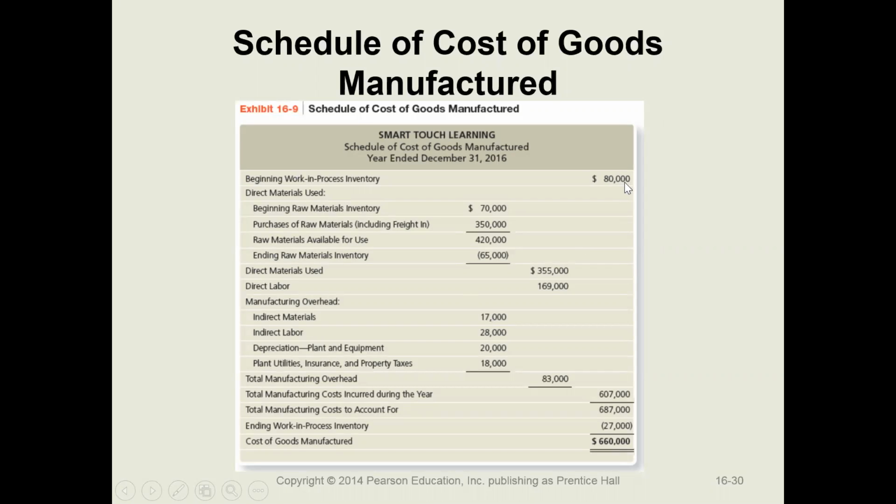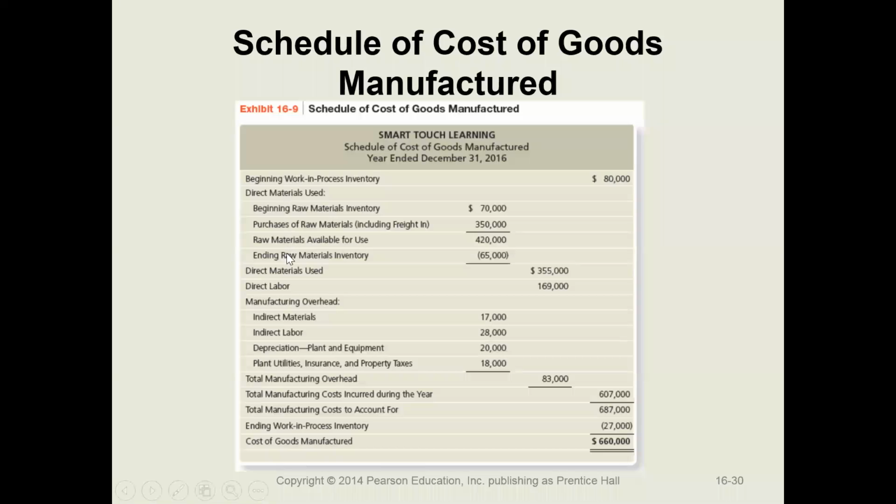So the cost of the items that were being worked on but aren't finished yet. Whatever you ended the previous year with is the same as what you start this year with. So that's the first line.